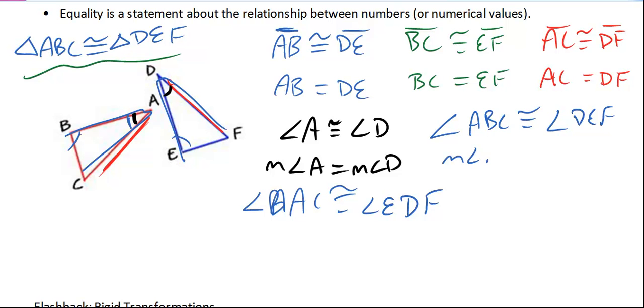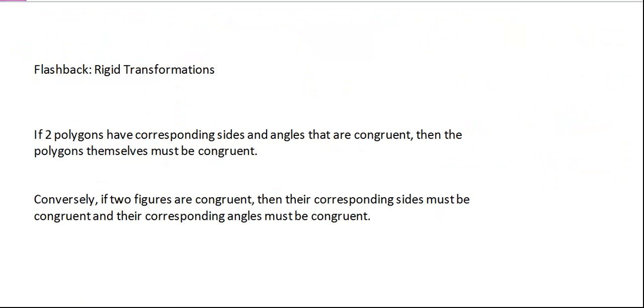Or again, I could say the measure of angle ABC is not going to be congruent, it's going to be equal to the measure of angle DEF. I just want to make sure that we are clear about when we use the symbols for equal and congruent appropriately, because even though they kind of mean the same thing, they're not the same thing. They're both talking about equivalency, but not referring to the same types of objects.